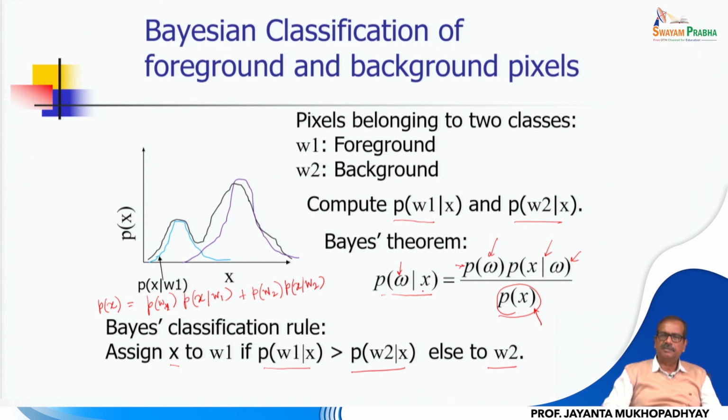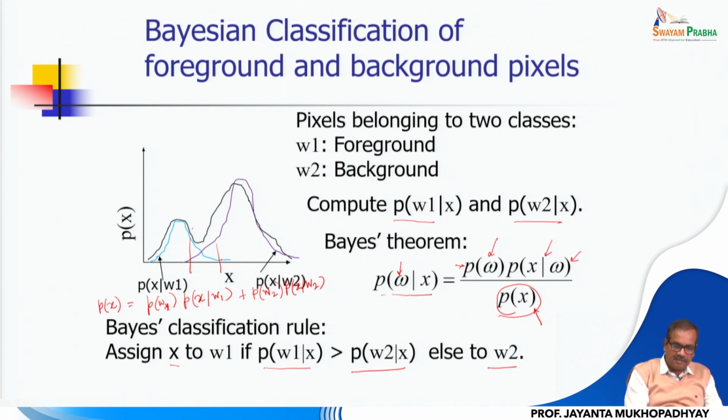Then there is a zone which is an overlapping zone, where the prior probabilities are also acting in doing these computations.